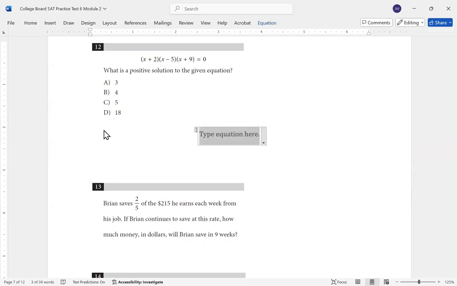Now, basically, this is asking us if we know the zero factor property and how to solve once a polynomial is factored on the left and set equal to 0. If we have a polynomial like this, then each piece could be 0. So x plus 2 could be 0, or x minus 5 could be 0, or x plus 9 could be 0.